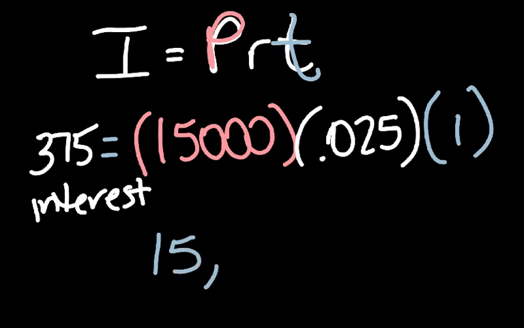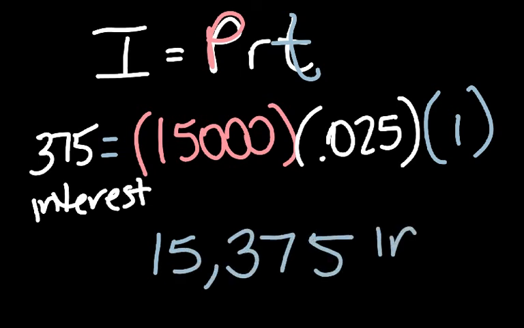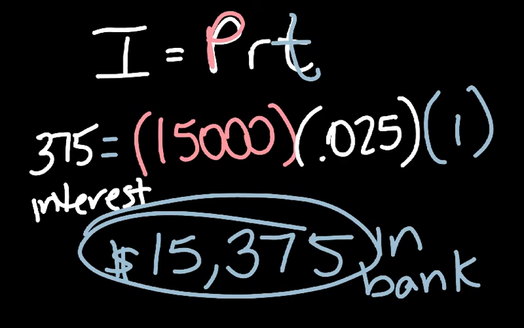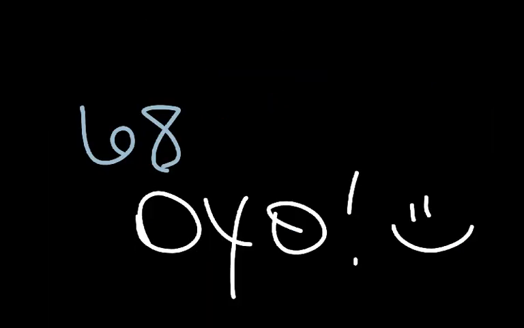It's actually $15,375 because obviously the $15,000 didn't go anywhere, so it's going to still be in there. Okay, so just be real careful with those, which one they're asking for on the STAR test. Go ahead and flip your paper over on number 68 and try number 68 on your own.